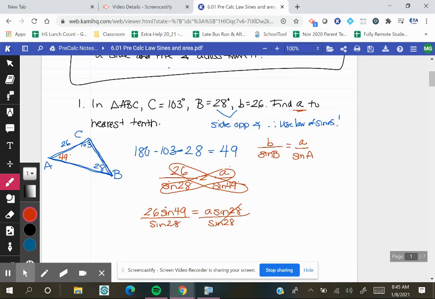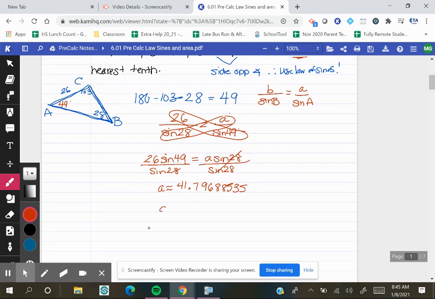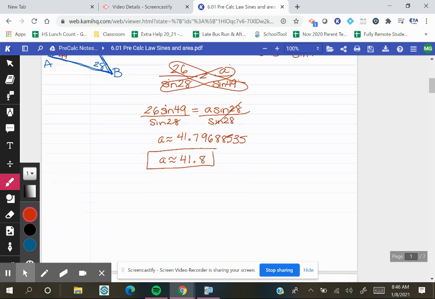You can write out the entire decimal here, but that decimal is also rounded. That's why I used the approximation symbol there, 41.79688535. And this said to round to the nearest tenth, which would be 41.8 for side a. And that's our law of sines.